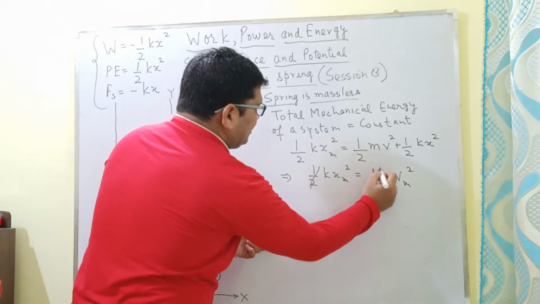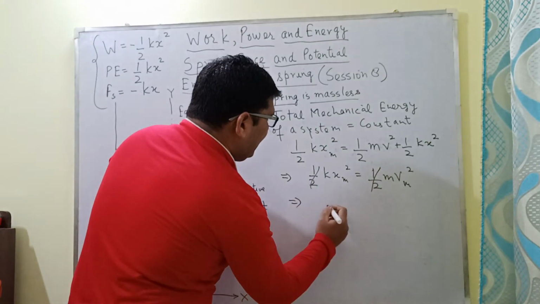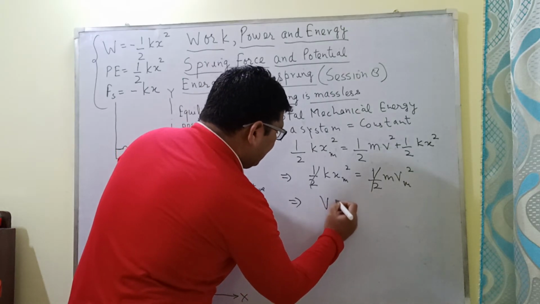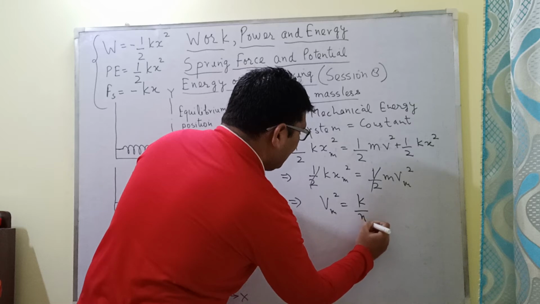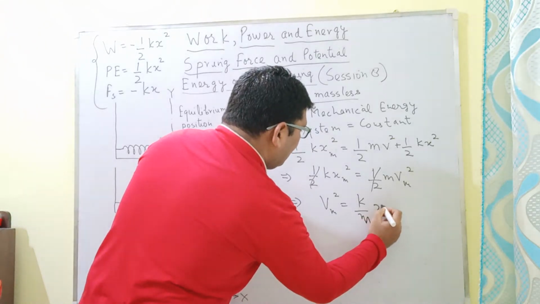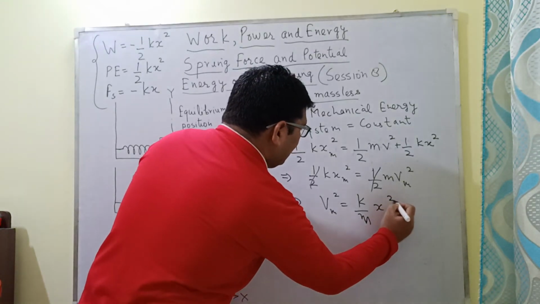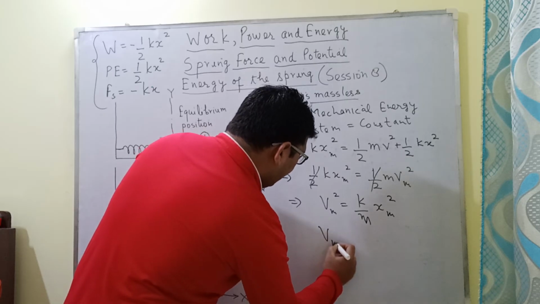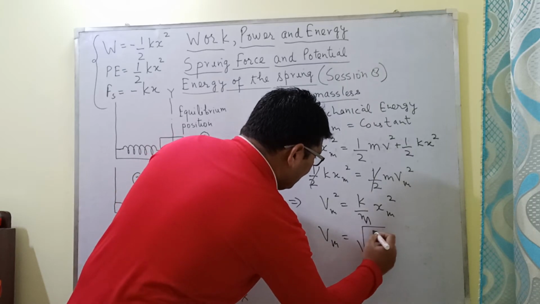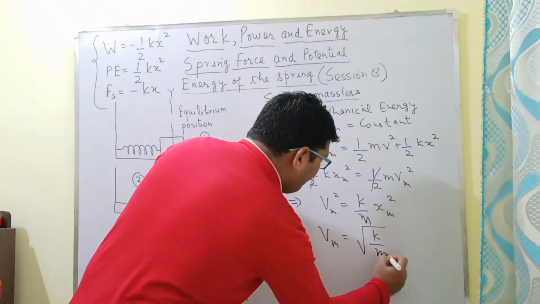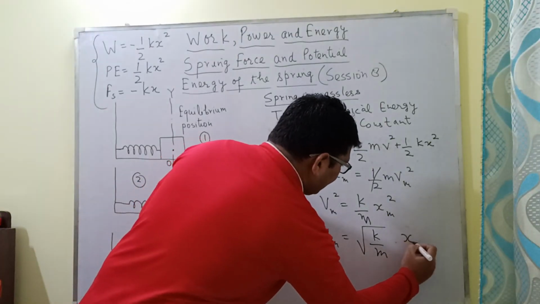So from here the half will get cancelled out, and the maximum velocity of this block will be given by vm square equal to k by m xm square, or we can say that the maximum velocity of this block will be equal to root k by m into xm.